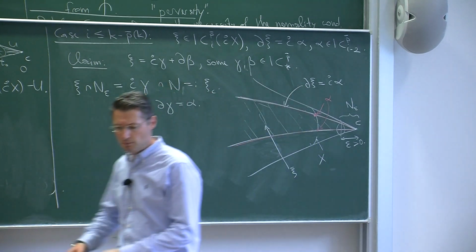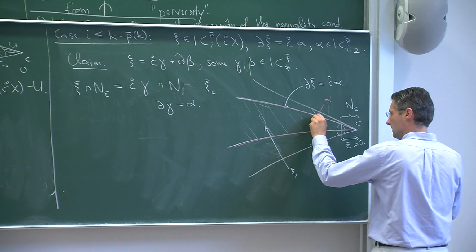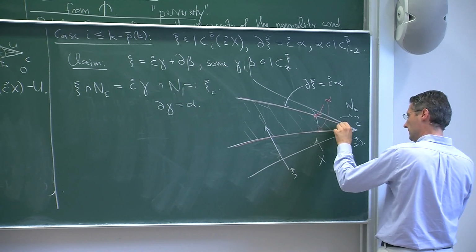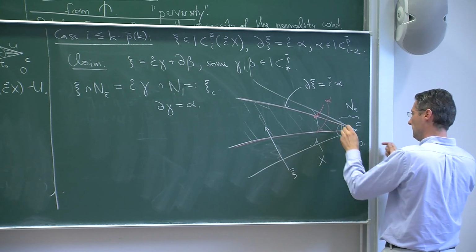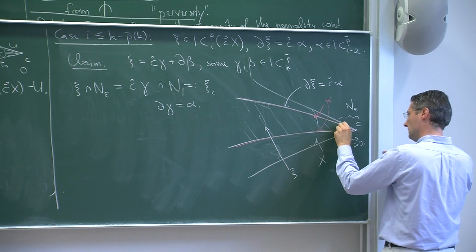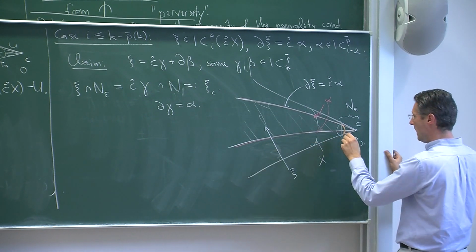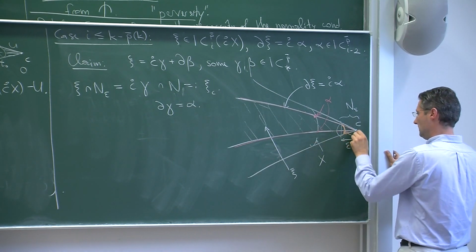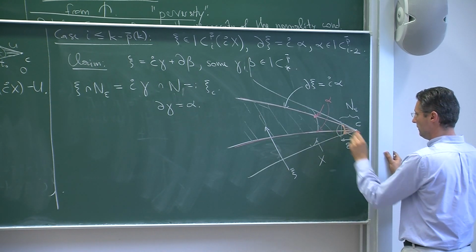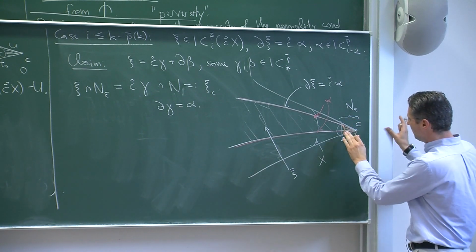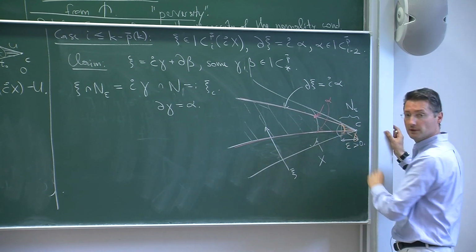Right? So here's the gamma in the picture. So you can intersect here and you see the alpha here, and then the Xi, and then the gamma is this orange interval. And so you know that the chain here looks like the cone on that gamma, and the boundary of gamma is exactly the alpha, right?